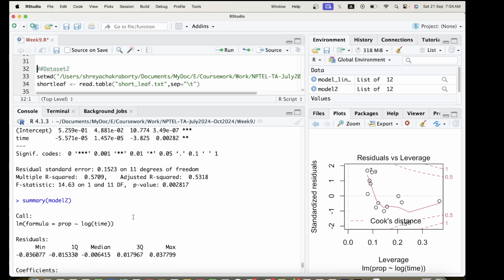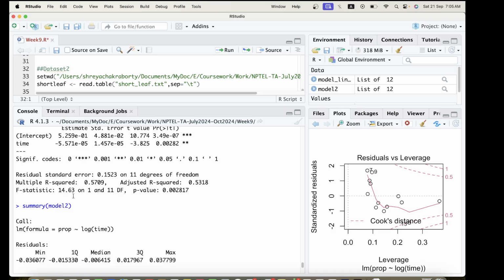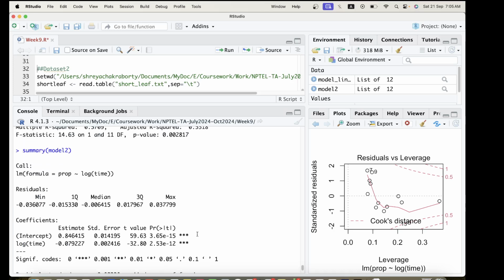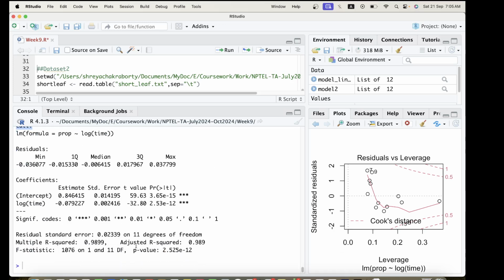So the thing that we are most interested in, and what we want, is higher R square or adjusted R square for model fit, and we want the F statistic to be significant. Here we see this is also significant, but this is highly significant, and the adjusted R square value has increased quite a lot.